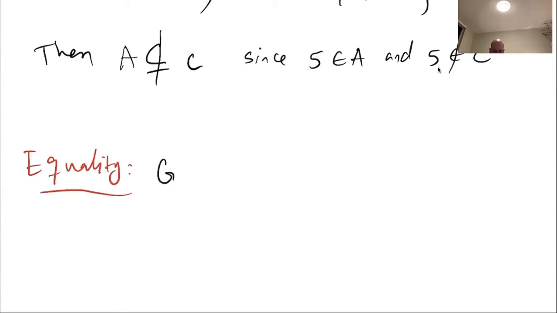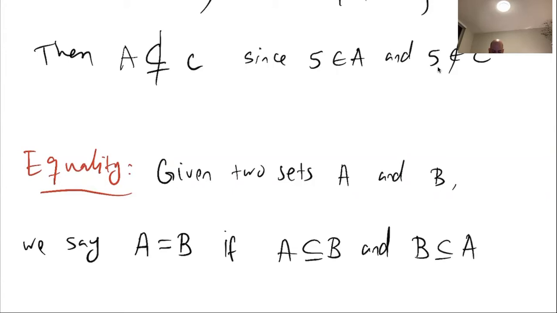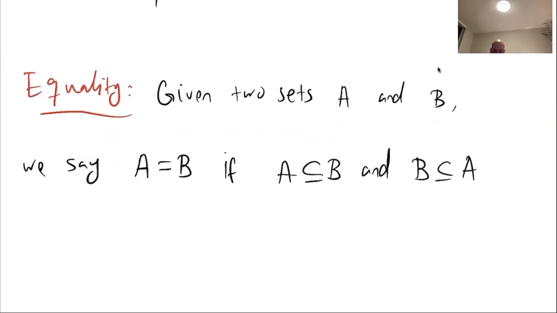So given again two sets, A and B, we say A equals B if A is a subset of B and B is a subset of A. So if A is a subset of B and B is a subset of A, then we can say that A and B are equal.